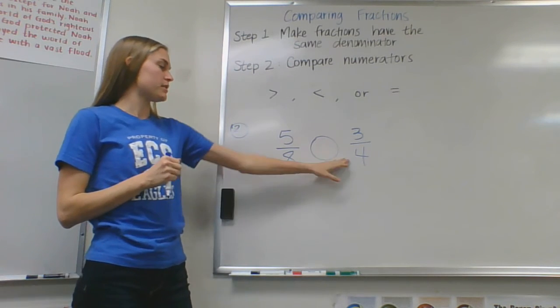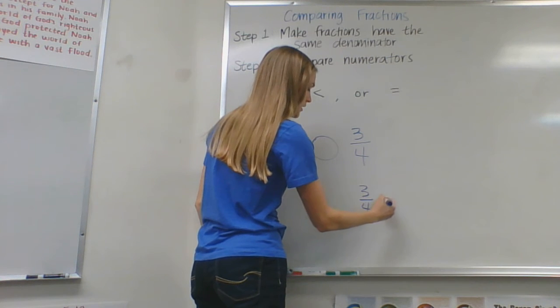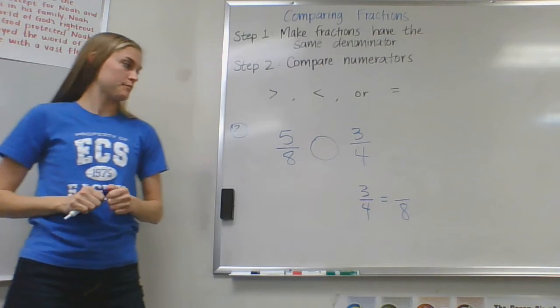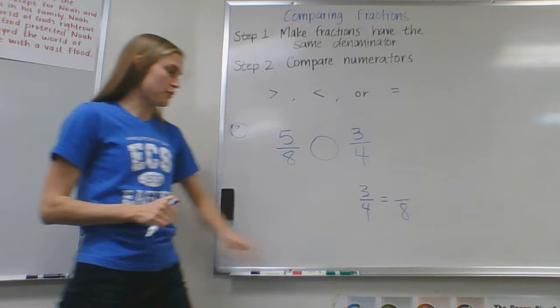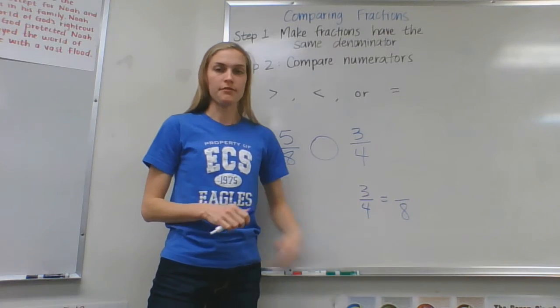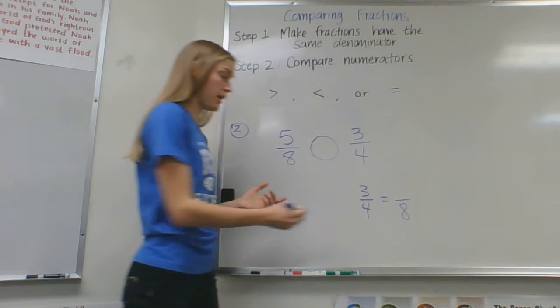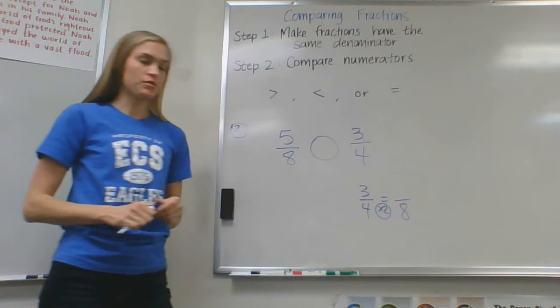So the easiest thing to do would be to take our 3/4, and we want it to have a denominator of 8. What do we have to do to our 4 to get to 8 if we are multiplying? We again multiply by 2, because 4 times 2 is 8.